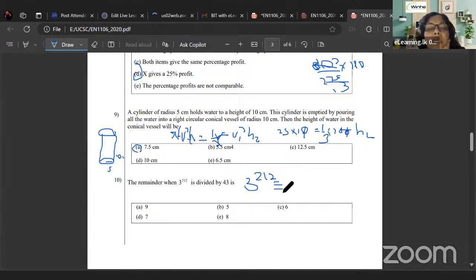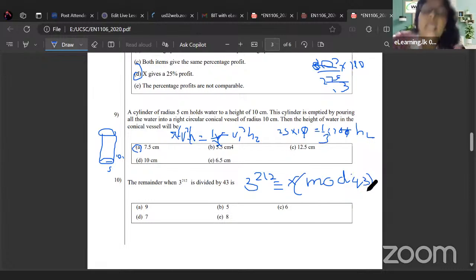You should write the congruence. 3 to the power 212 is congruent to x mod 43 is the equation.